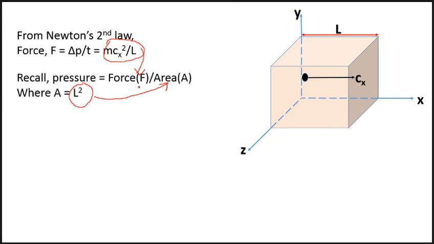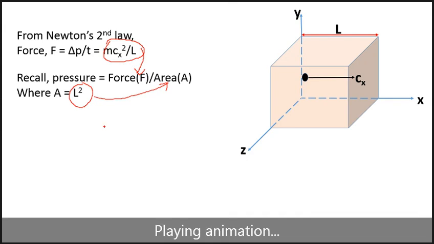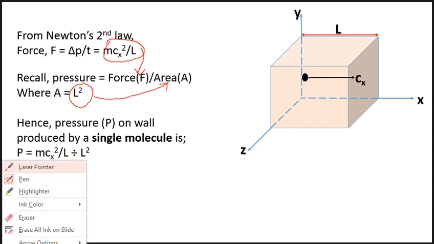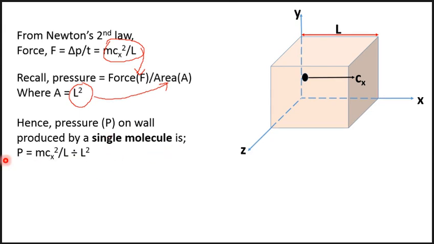Okay, so I'm substituting. If I do that, then I will end up getting this. So the pressure P on the wall produced by a single molecule, that is this molecule here, is P equals what I've substituted, which is the whole of this divided by L square.